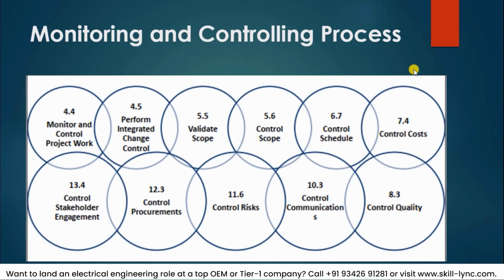The knowledge areas that are looked into: we monitor and control the project work, perform integrated change control, validate the scope, control schedule, control the costs, control stakeholder engagement, control the procurements, control risks, and control communications. Finally, also control the quality.